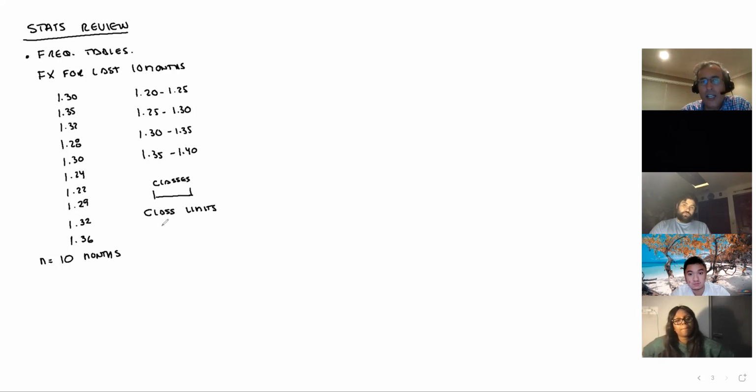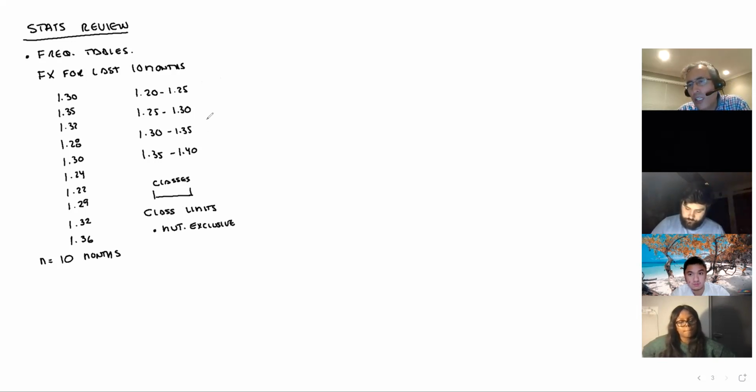Now, the classes, guys, need to be mutually exclusive. Basically, one observation cannot fall in two classes at the same time. And the classes must be exhaustive. Exhaustive means that all the observations need to be in one of these classes.